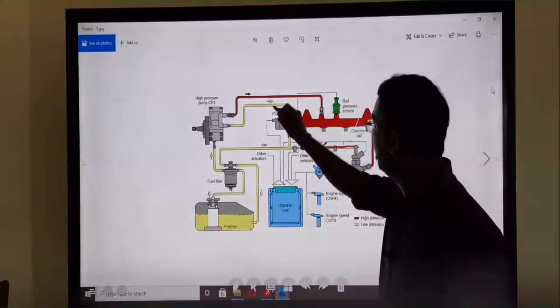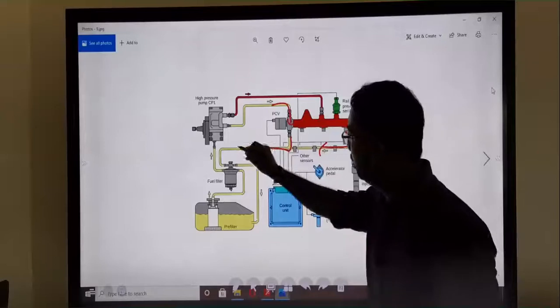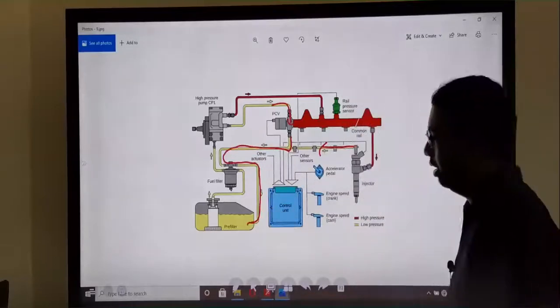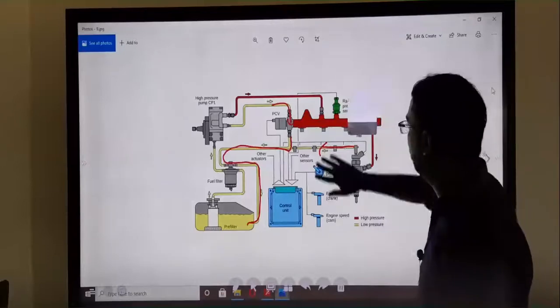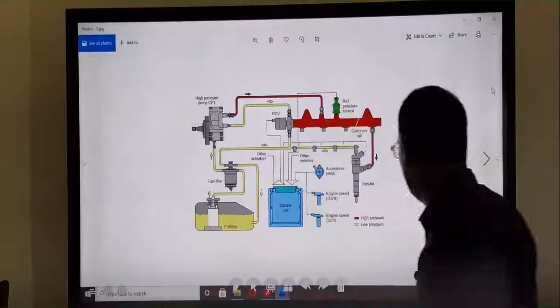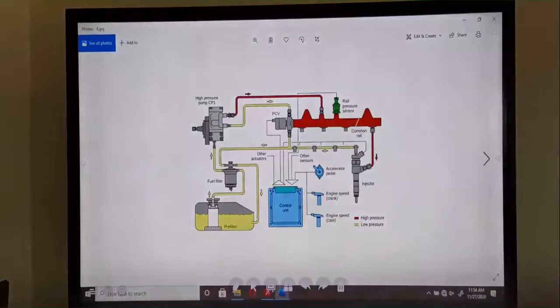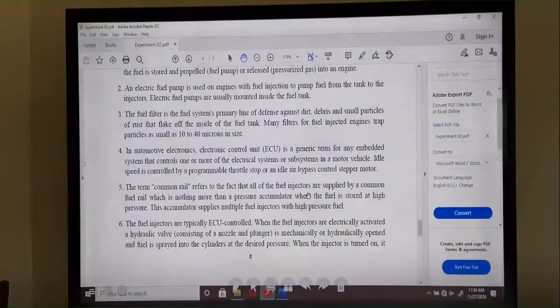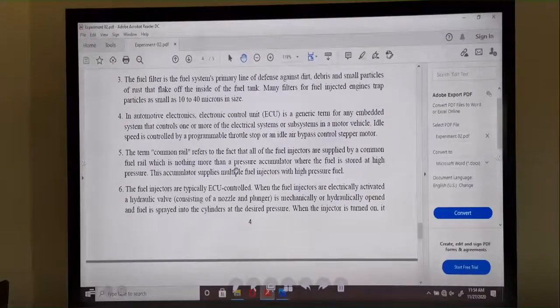So all the return lines come here, go again to the fuel filter, and come to the fuel tank. This is the working process of the common rail system.